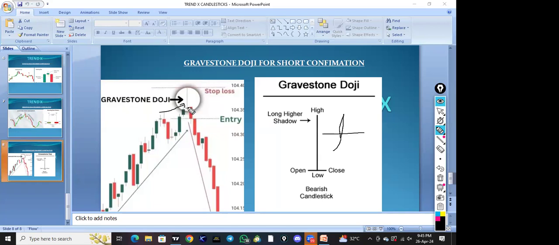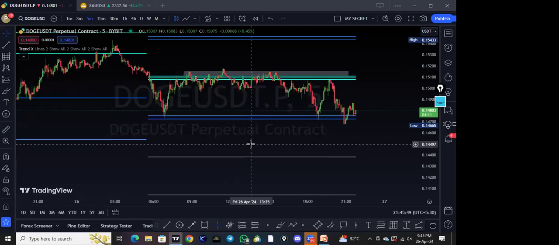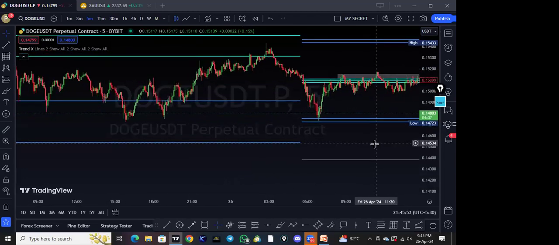So immediately go for a short and keep your stop loss above that candle, because your resistance will be somewhere here. This was a fake breakout. We can try for a short position here. Only these candles are very important in the market. What I showed you now, those candles are very, very important, and in the real market you will be seeing them many times.